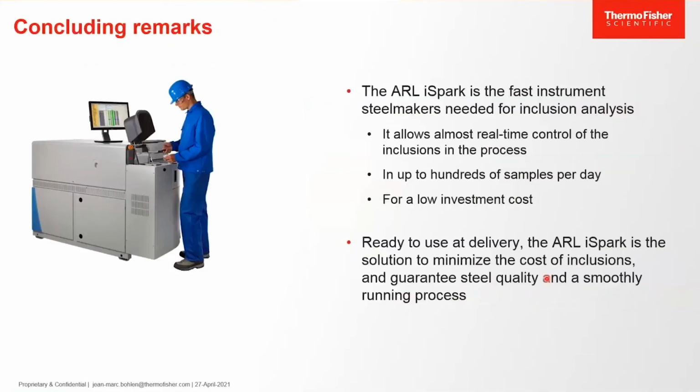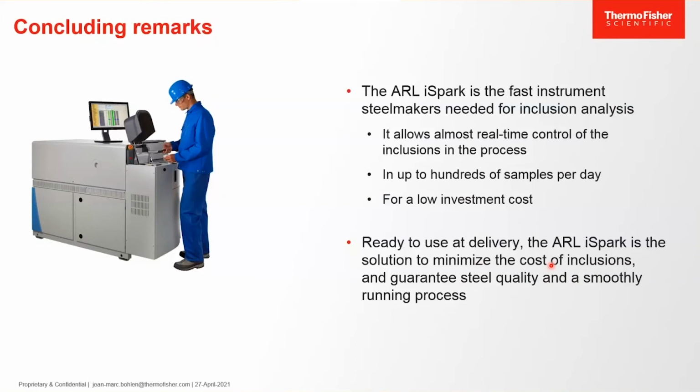A few concluding remarks, and then we can go for a few questions if there are any. The ARL iSpark is the first instrument steelmakers need for inclusion analysis. It allows almost real-time control of the inclusions in the process, with up to hundreds of samples per day, and the investment cost is low.